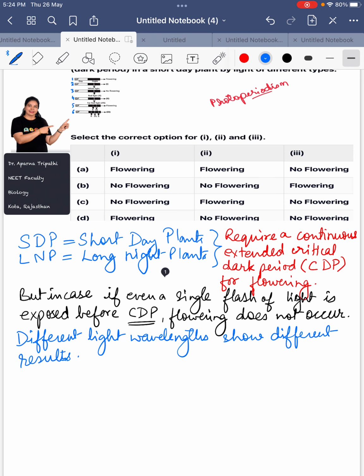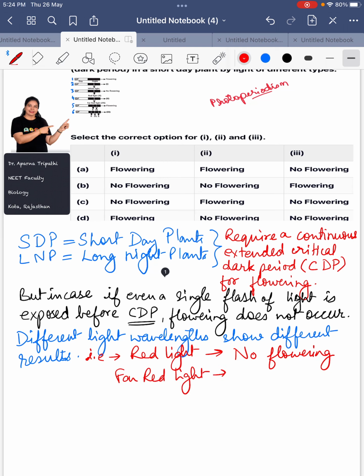With red light, meaning if the photoperiod is interrupted with red light, the result will be no flowering. In case of far red light, there will be flowering. If the photoperiod is interrupted with white light, then again flowering does not occur. So no flowering.